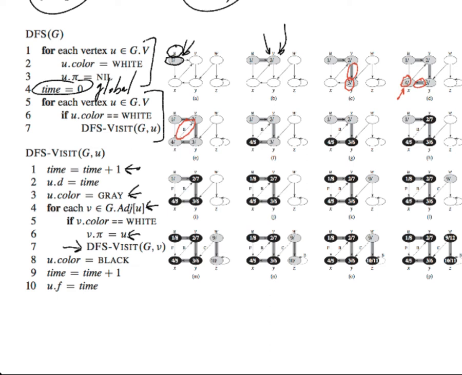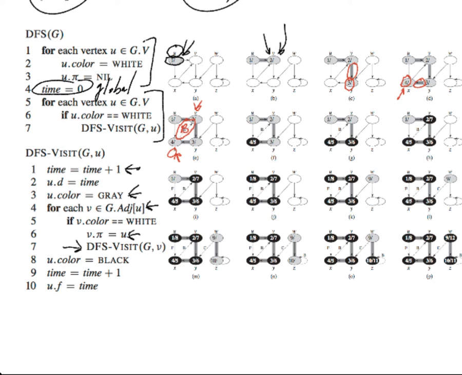We're actually going to give that edge a name. That's going to be a back edge, because V is an ancestor of the current vertex, X. So V right here is an ancestor of X, so we're going to call that a back edge.